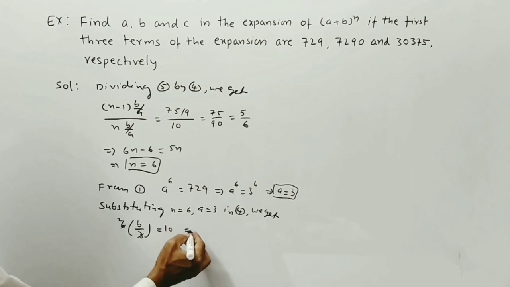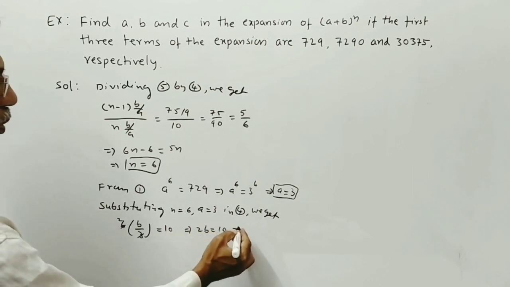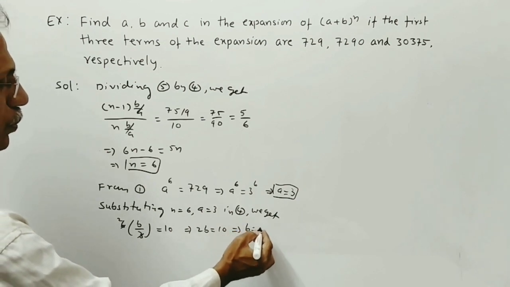This implies 2B is equal to 10, implies B is equal to 5.